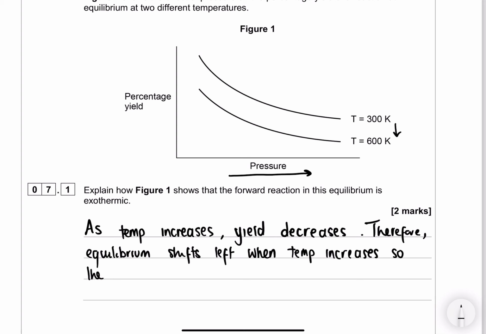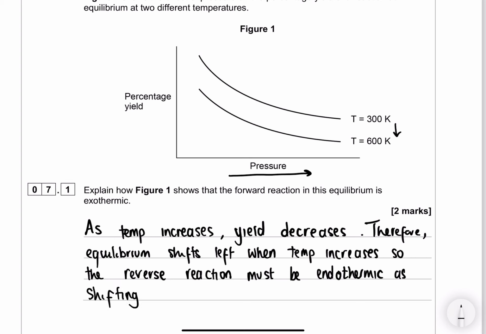So the reverse reaction must be endothermic, as shifting in the endo direction opposes the increase in temperature.